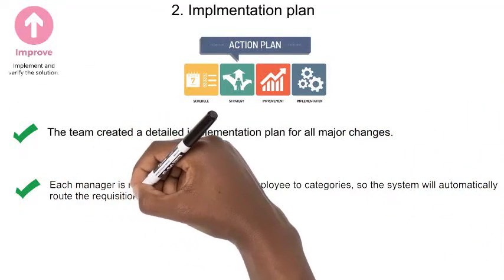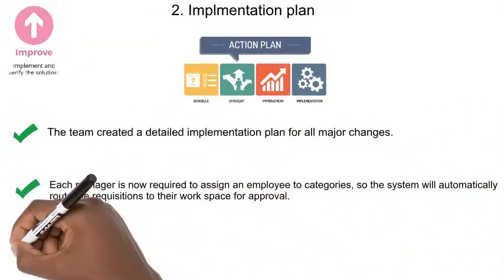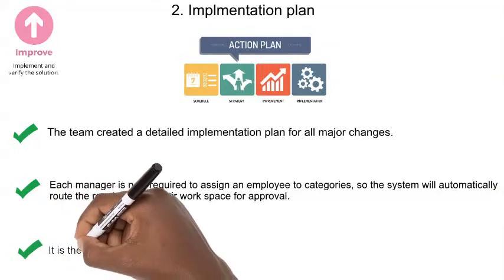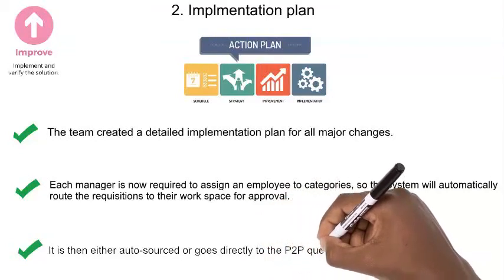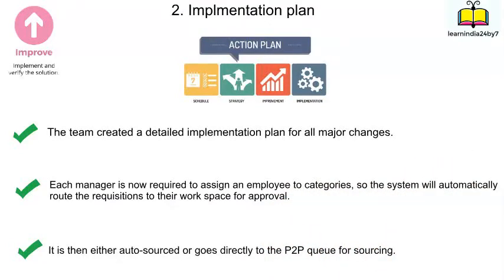Now each manager is required to assign an employee to each category so that the system will automatically route the requisition to their workspace. It is then either auto-sourced or goes directly to the P2P team's queue.